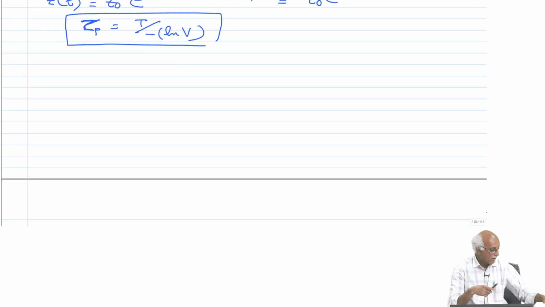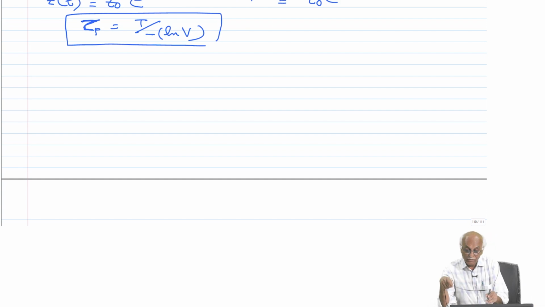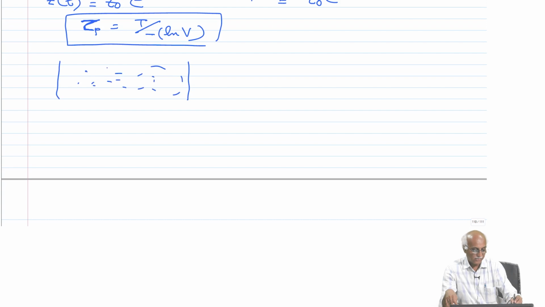Now, let us compare these losses with our mirrors coming into the picture. Let us say there is a mirror and there is some loss due to absorption and scattering. So, a mirror with reflectivity R1, another mirror with reflectivity R2, and the loss per unit length, alpha.